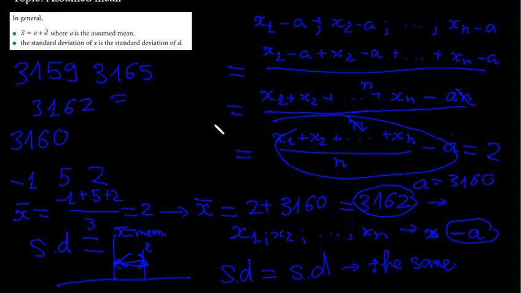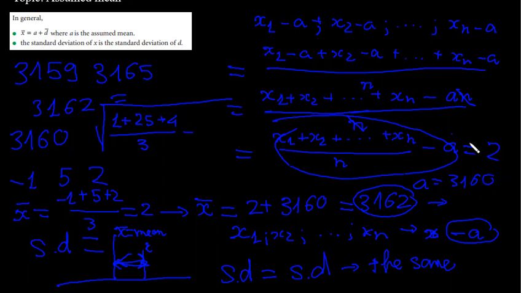According to the formula that we have, we will find the standard deviation of this one here. Square root of the sum of squares, 1 plus 25 plus 4, over 3, minus our mean squared.